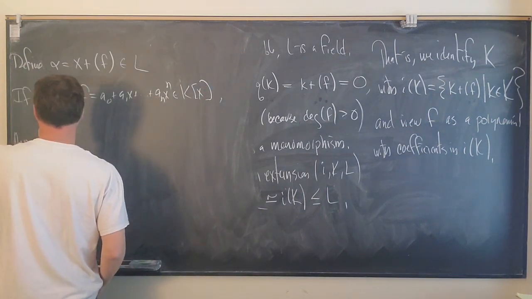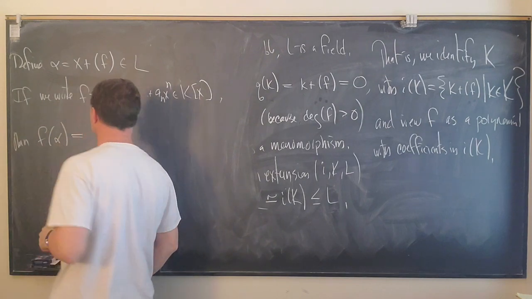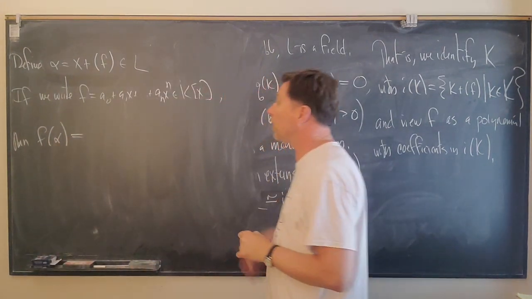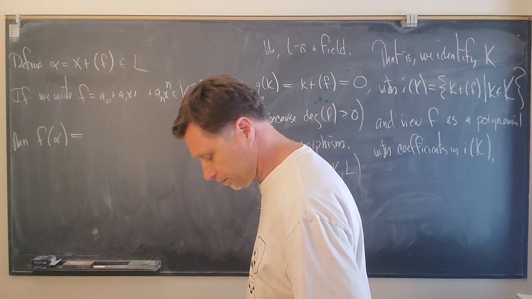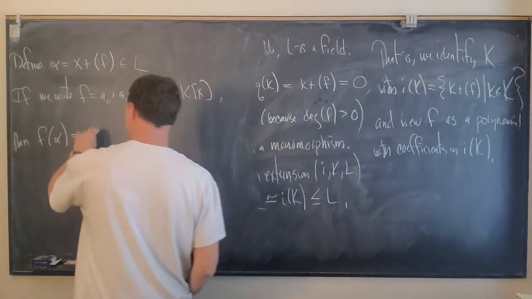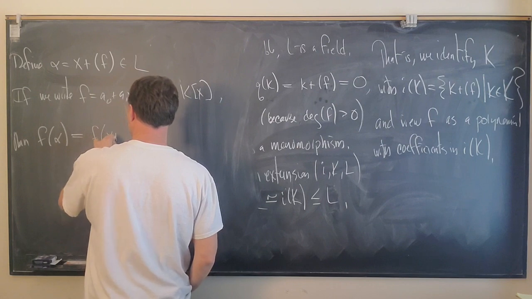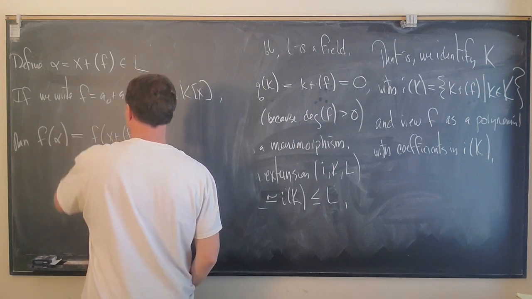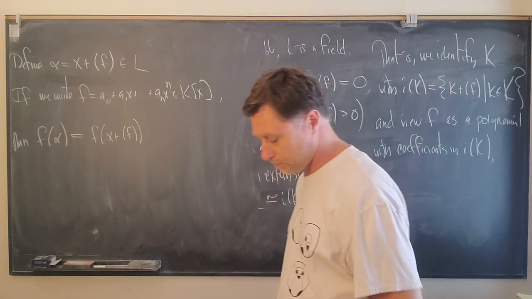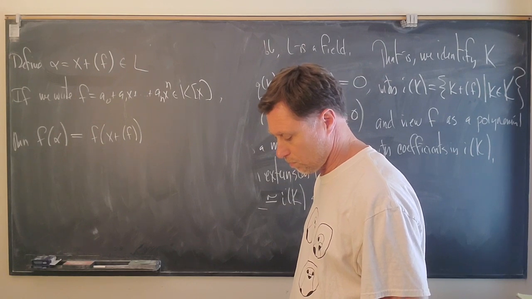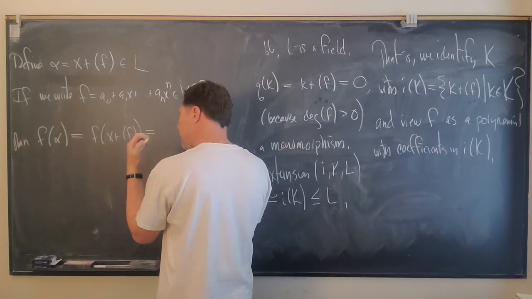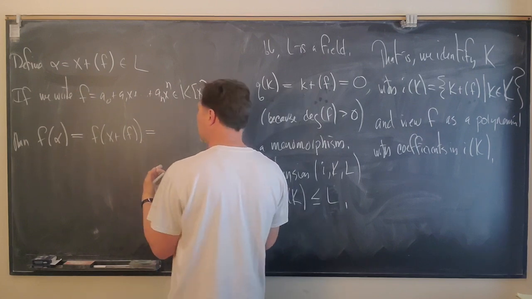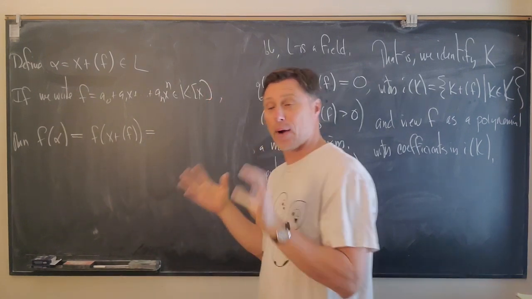So if we look at f of alpha, I want to plug alpha into this polynomial. That's going to be f of x plus the ideal generated by f, which is equal to, now I want to think of things as happening inside I of k bracket x.